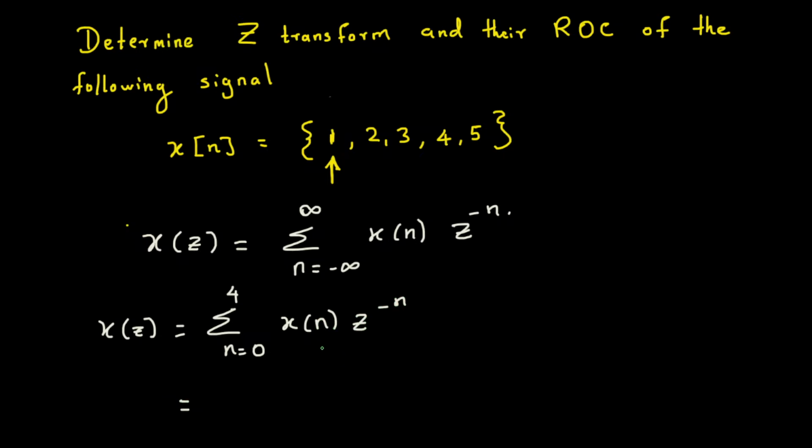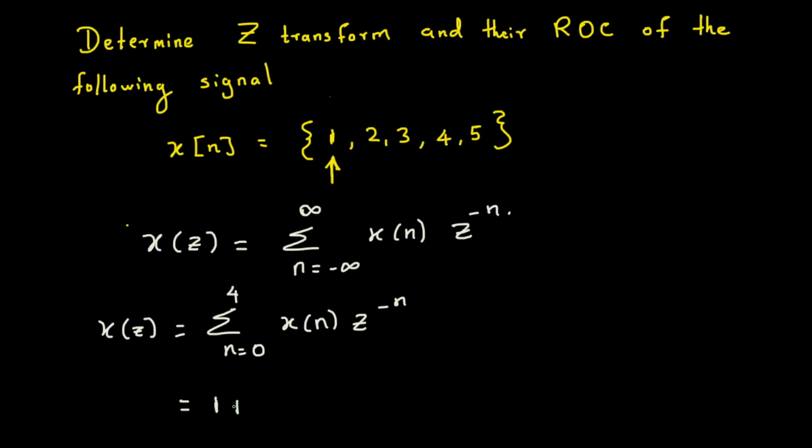Now we just sum them all together, and also put the z power of whatever the location is. So first, x of 0 is 1, so I just put the 1 here, and z power 0 is also 1, so I don't have to put that.